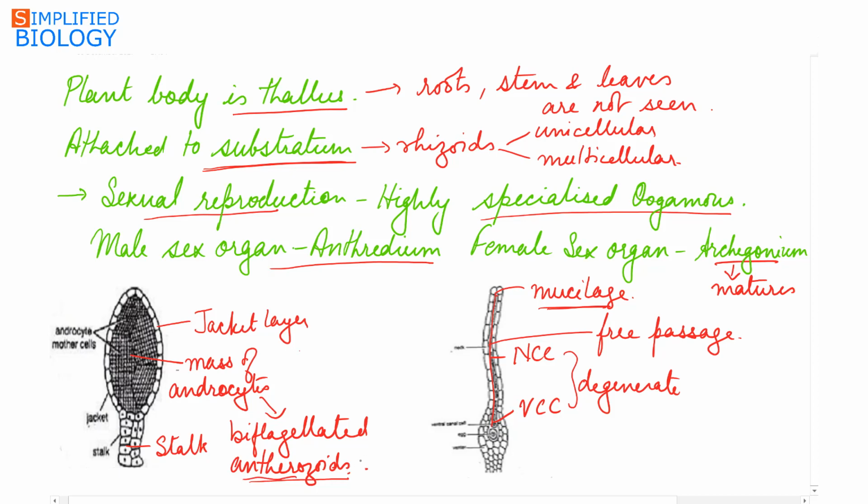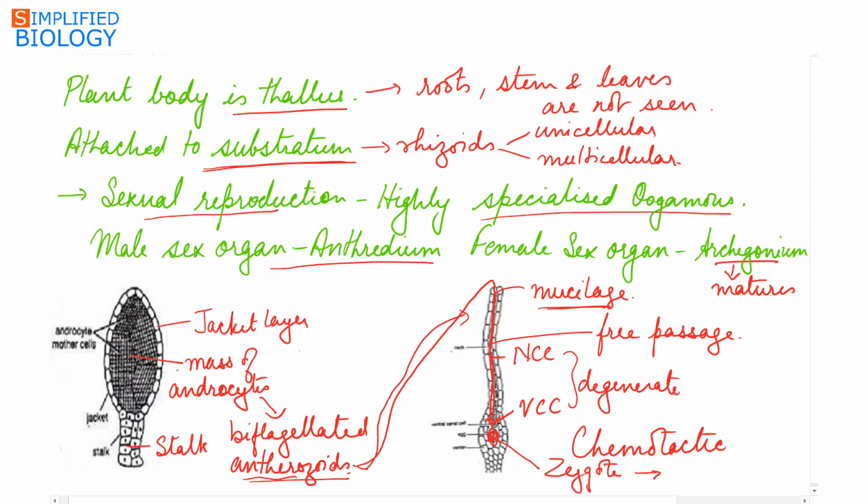So the movement of antherozoids towards the archegonia is chemotactic, that is, attraction towards chemicals. The antherozoids swim through the neck, reaching the venter, where they fuse with the egg to form the zygote. So fertilization takes place with the help of water.